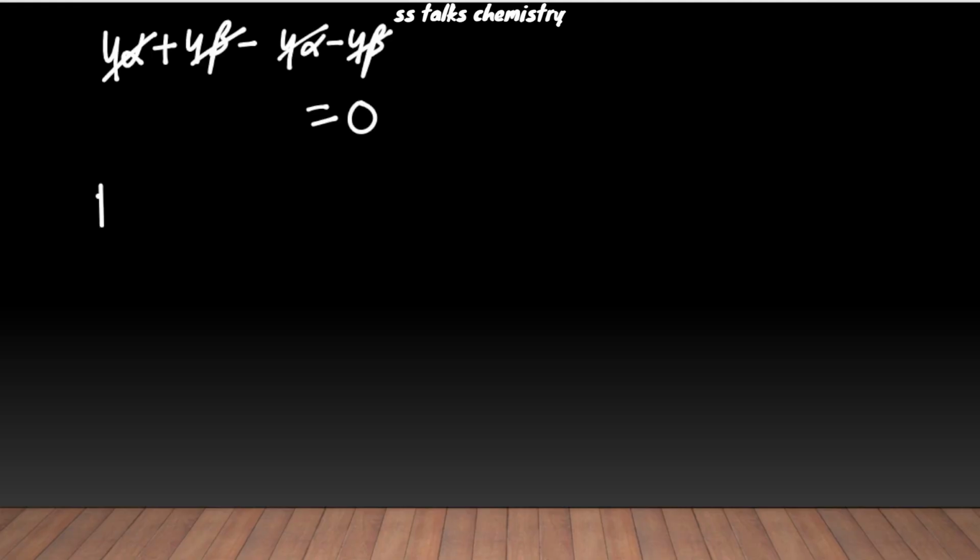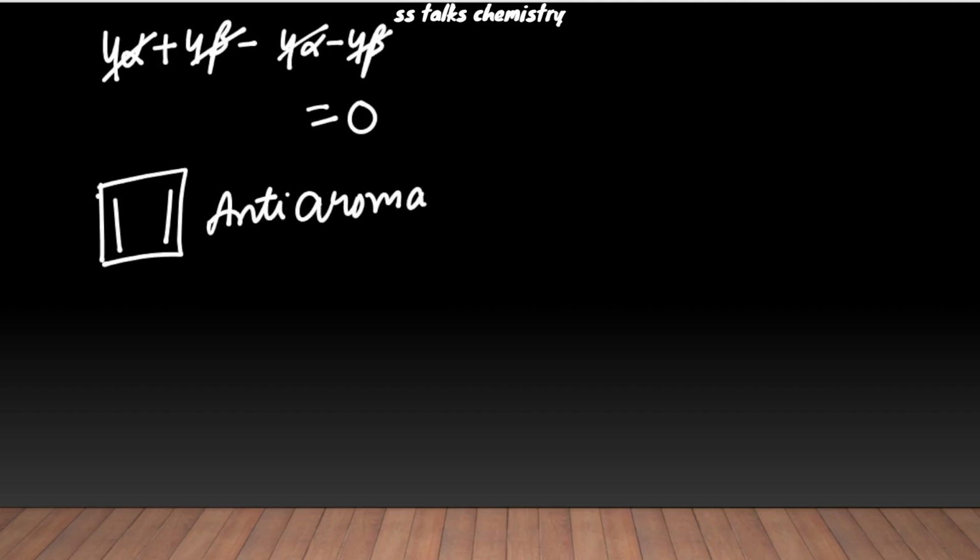Moreover, in organic chemistry we see that this is an anti-aromatic system. It is anti-aromatic because it is cyclic, it is planar, and it is following the 4n pi electron rule.